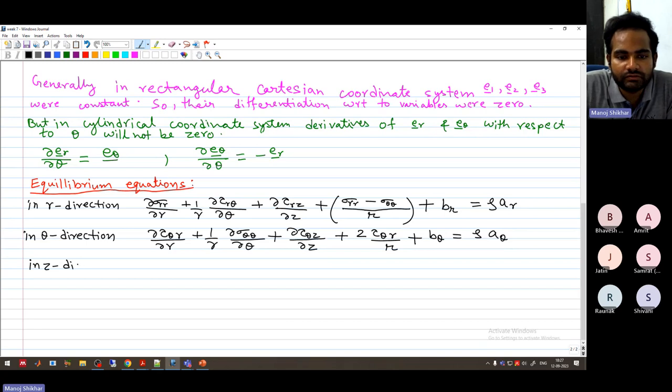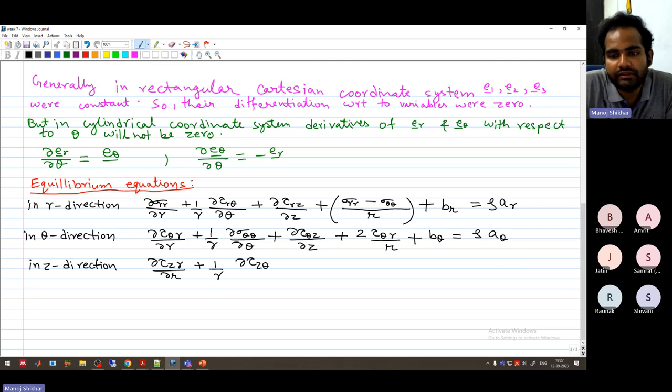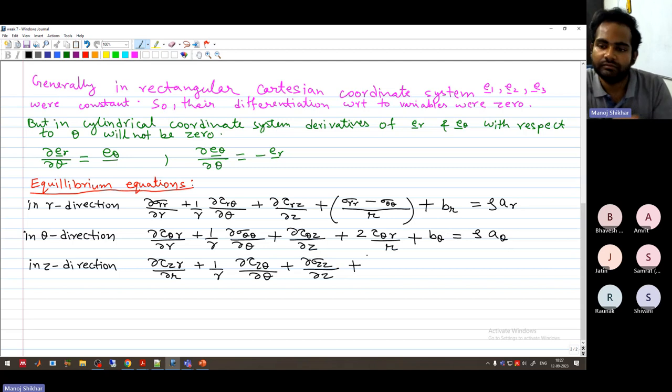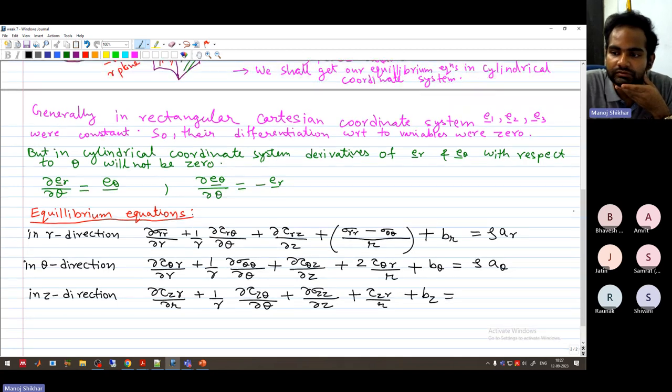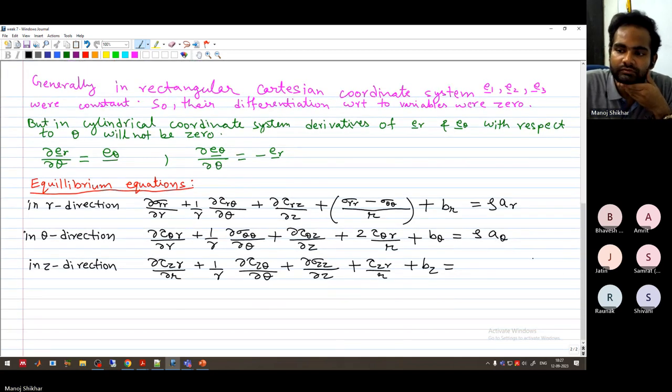In z direction, tau zr by del r plus 1 by r tau z theta del theta plus sigma zz del z plus tau zr by r plus bz equal to rho az.